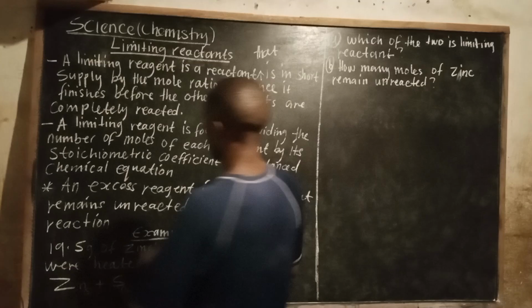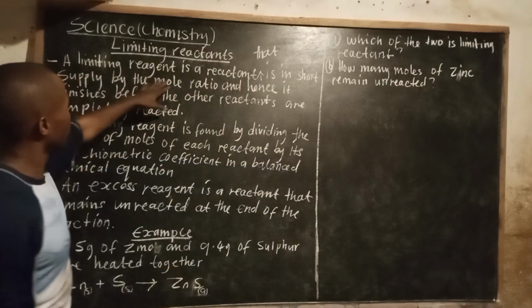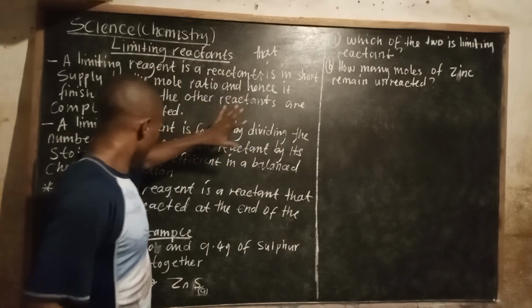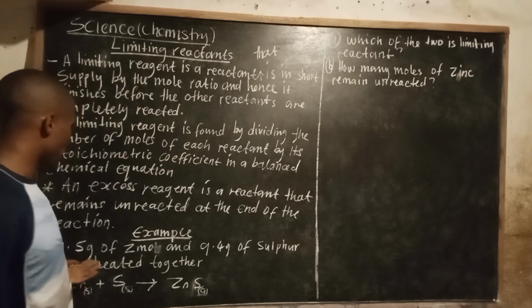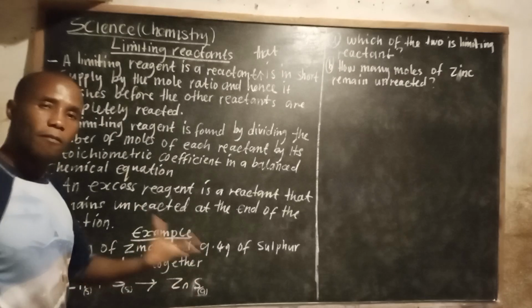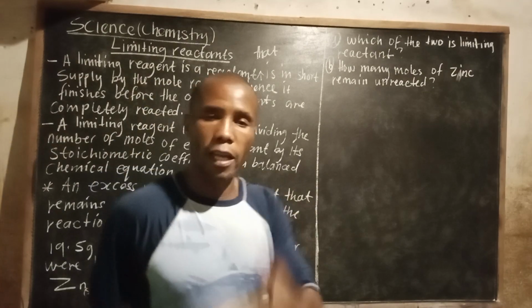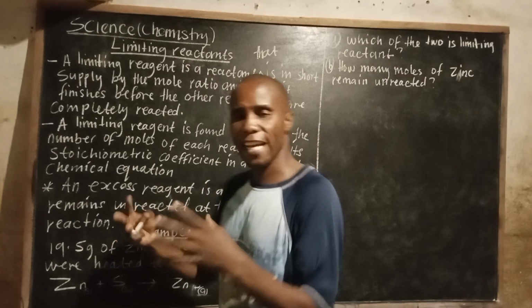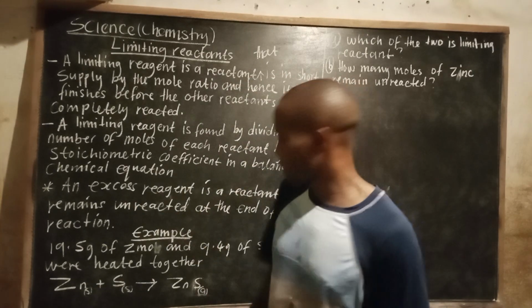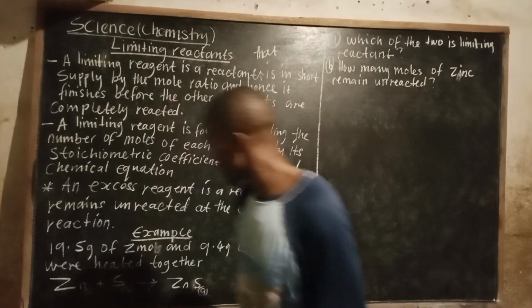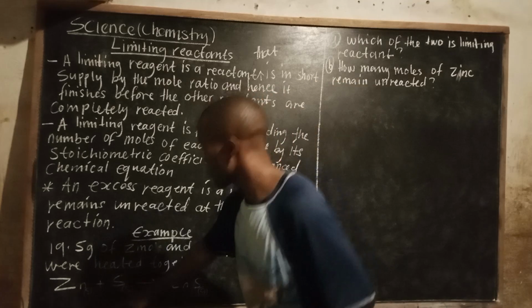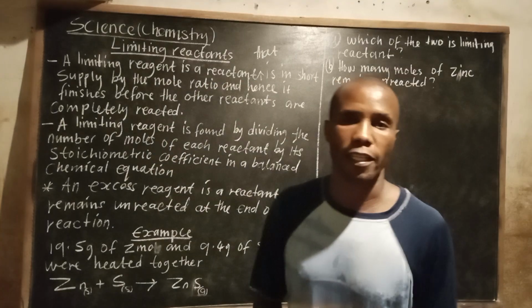So now, when we are talking about the reactants in a chemical equation like the one that we have here, the first elements, those that are reacting, are called reactants. So for example, here we have zinc and sulfur. So these two are called reactants.